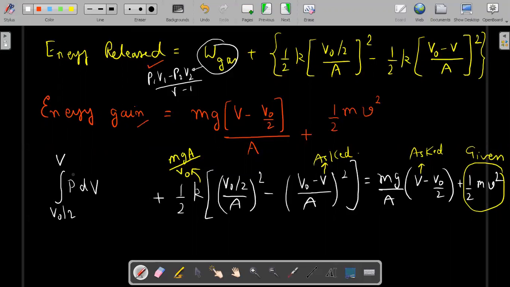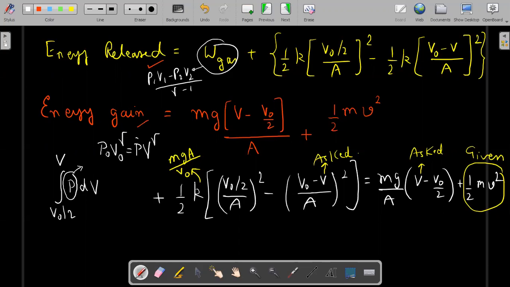And now, because of this adiabatic process, P can be written using P naught V naught raised to the power gamma equals P V raised to the power gamma at any moment of time.